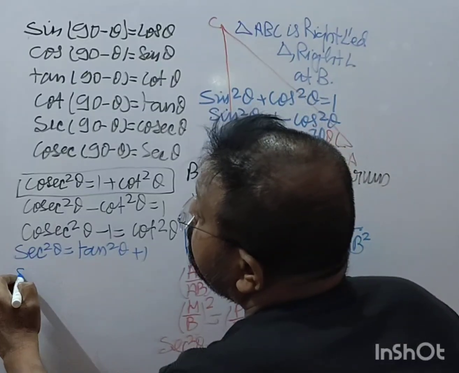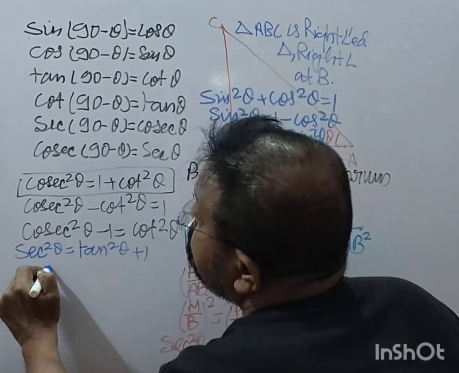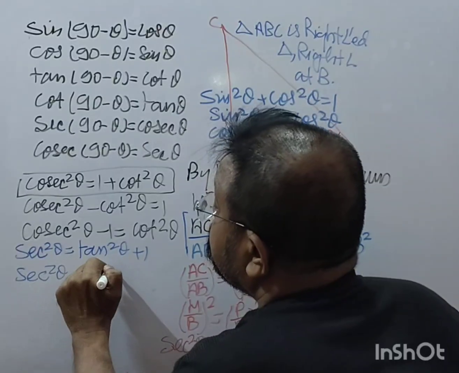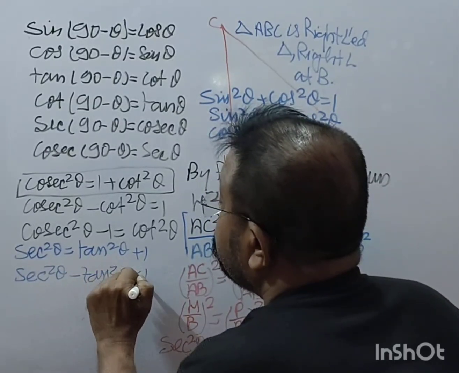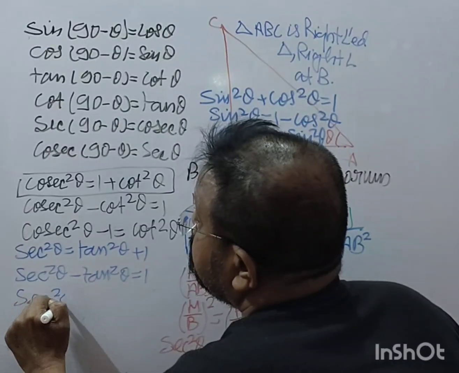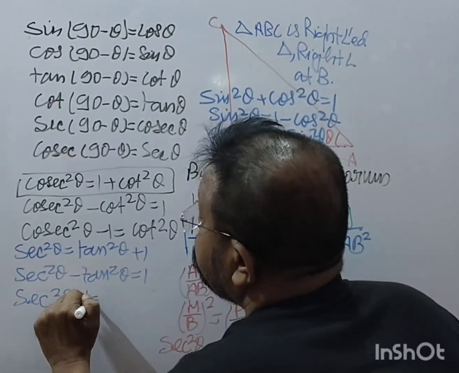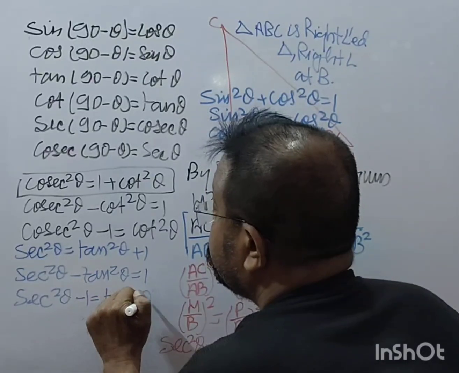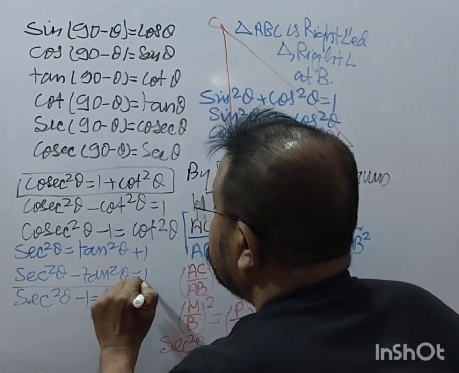Now you bring it here, so it becomes sec square theta minus tan square theta is equal to 1, or we can write sec square theta minus 1 is equal to tan square theta. You get it? Yes, sir. Okay.